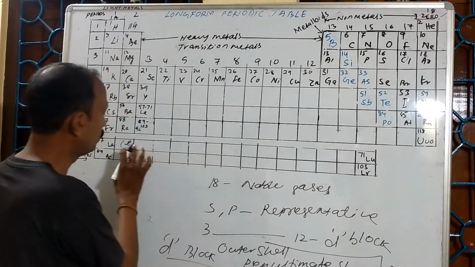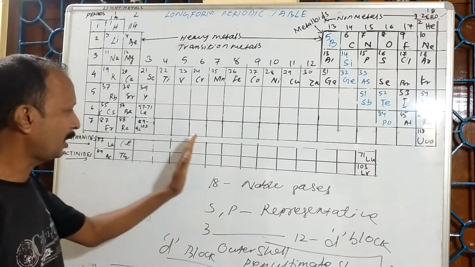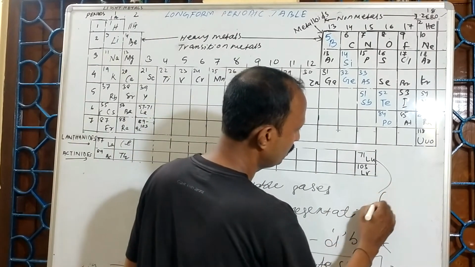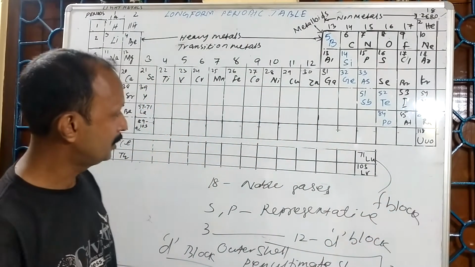Okay, and those are written at the bottom of the periodic table separately. I said lanthanides and actinides, these two are the F block elements.